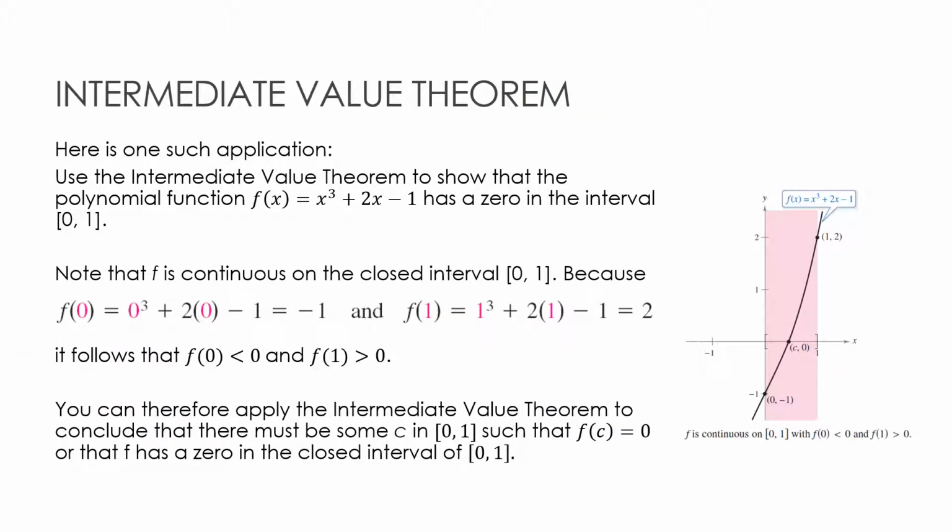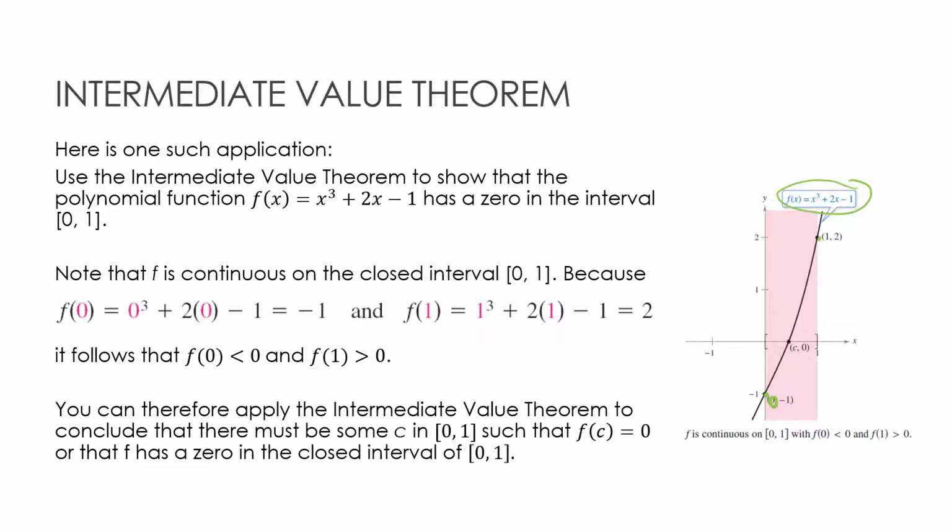And again, not that my drawing on the last page was lacking in any way at all. Here is a much clearer example where we can see we've got a continuous function, f of x equals x cubed plus 2x minus 1. I have graphed a portion of it for you here. And again, I can look at this interval from x is 0 to x is 1.